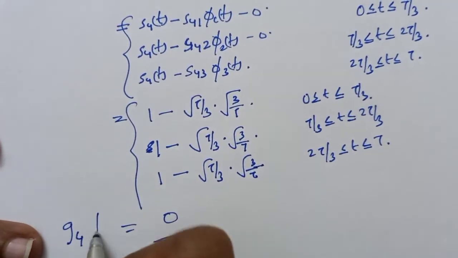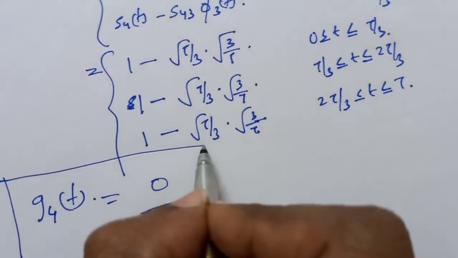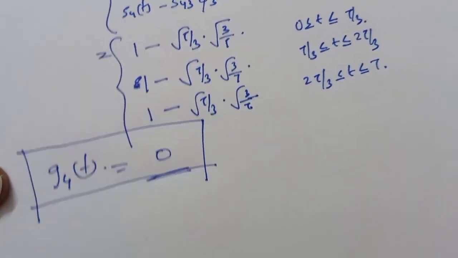So we found that g4(t) is 0, as per our intuition.